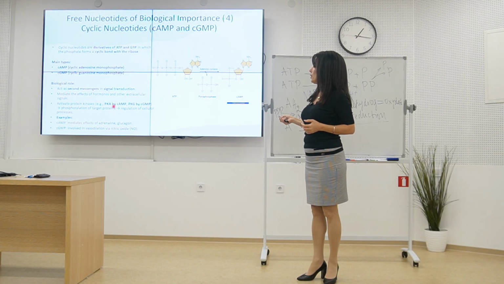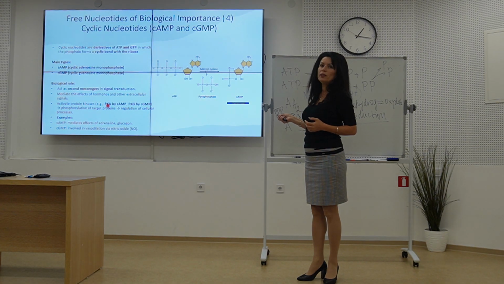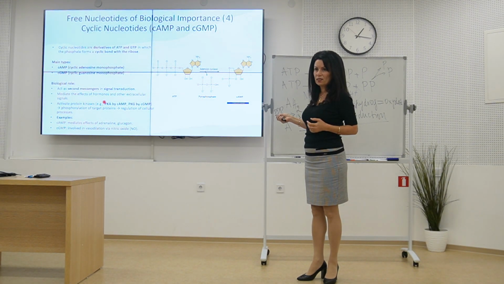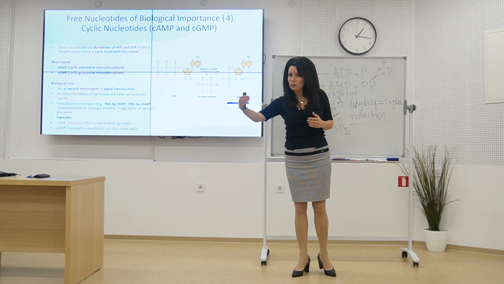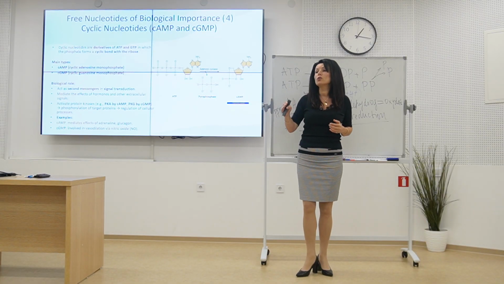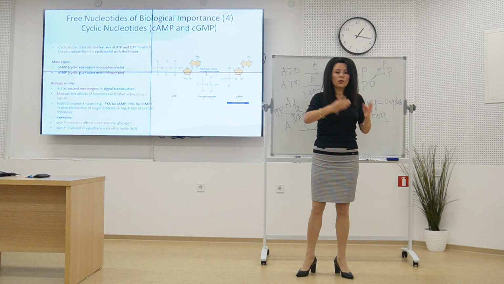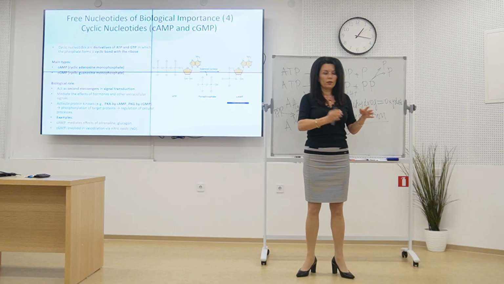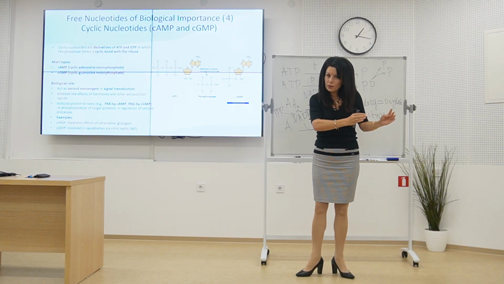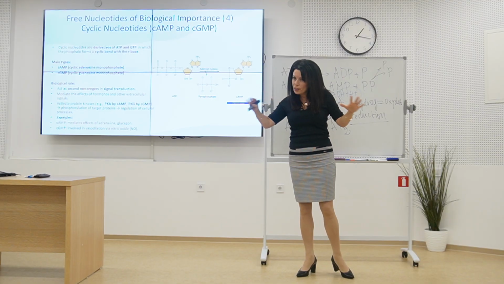For example, if there is action of cyclic AMP, the protein kinase which is activated is protein kinase A. If there is action of cyclic GMP, the protein kinase which will be activated after that is called protein kinase G. ATP, cyclic AMP, protein kinase A. Or GTP, cyclic GMP, protein kinase G. This is the connection.